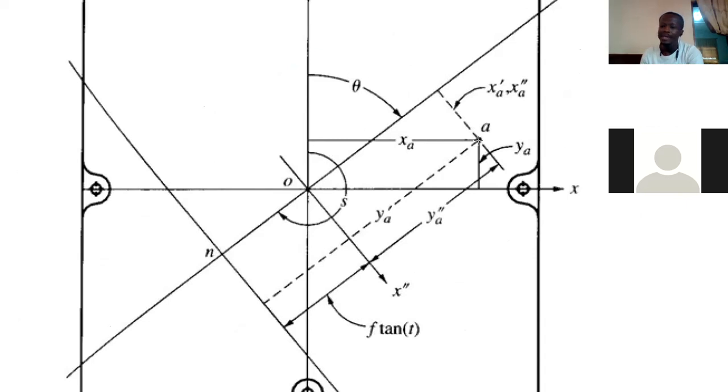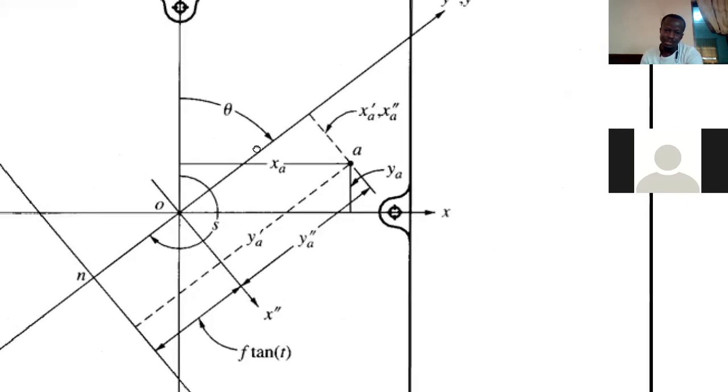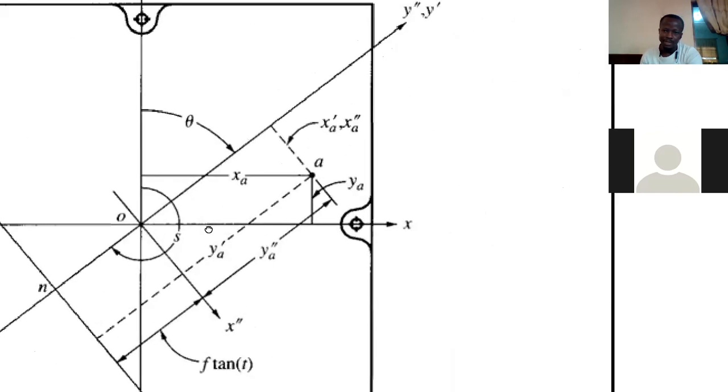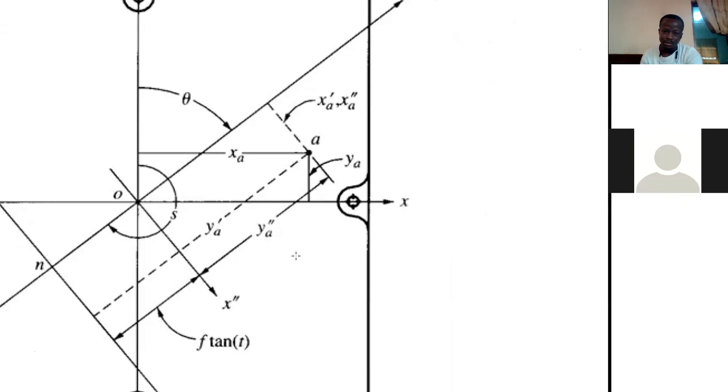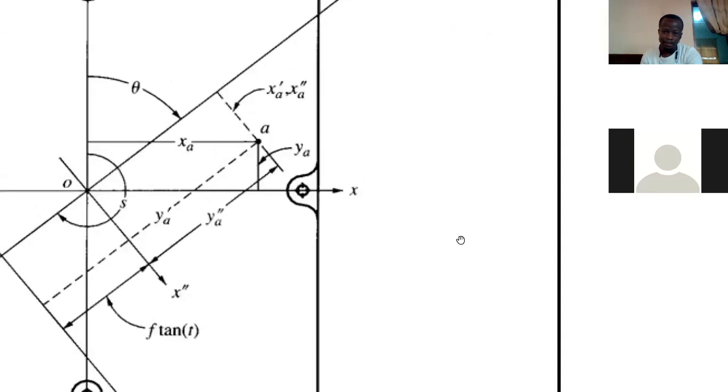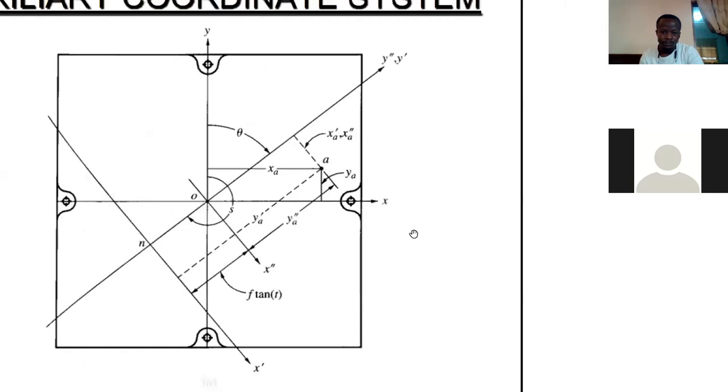Now for a point A, it has two sets of coordinates. Right, we can look at one in which the coordinate system hasn't been rotated. So we call that y prime, x prime. Okay, so if you look at the ends, you will see that we have y prime, x prime.